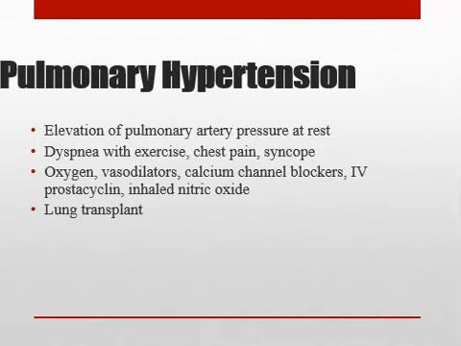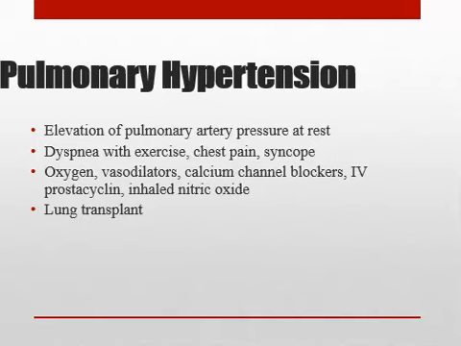Okay, symptoms usually occur after 50% impairment to the pulmonary circulation. So you can see the symptoms there: dyspnea with exercise, chest pain, syncope. So when they get those symptoms, they already have a 50% impairment.